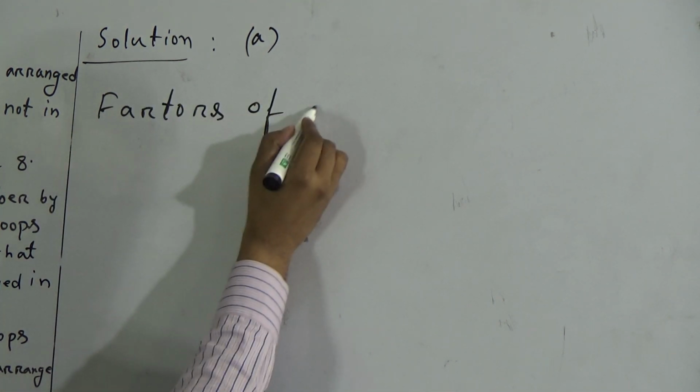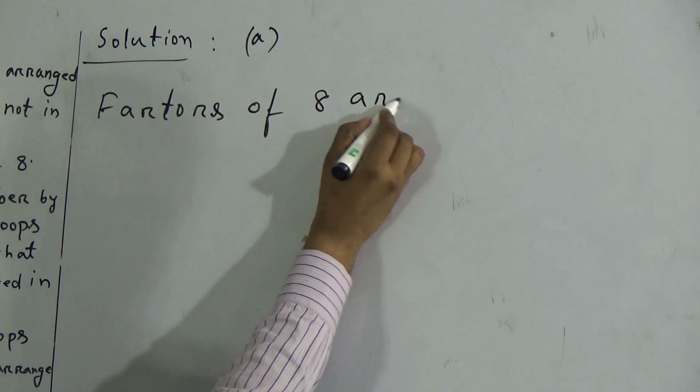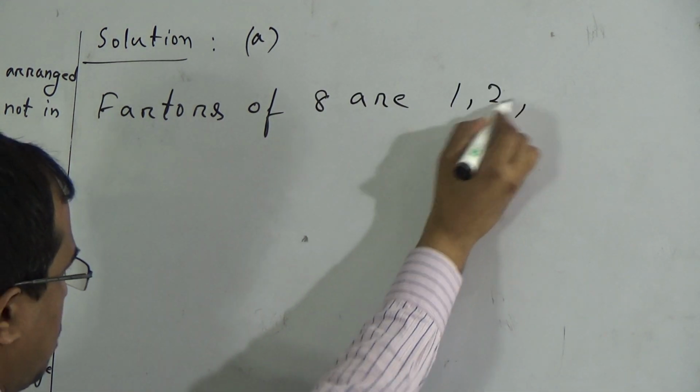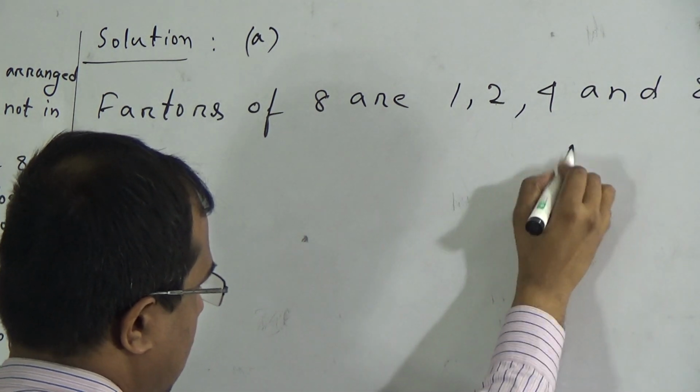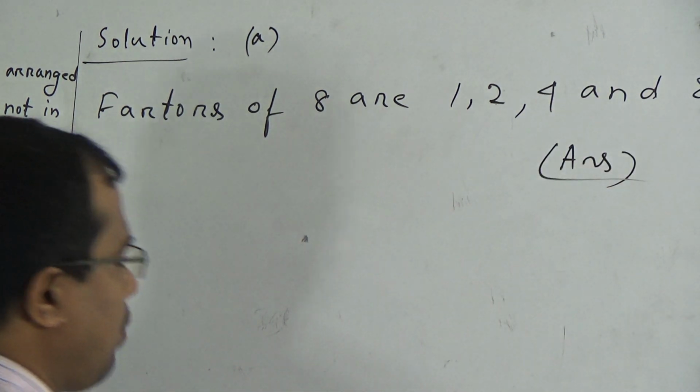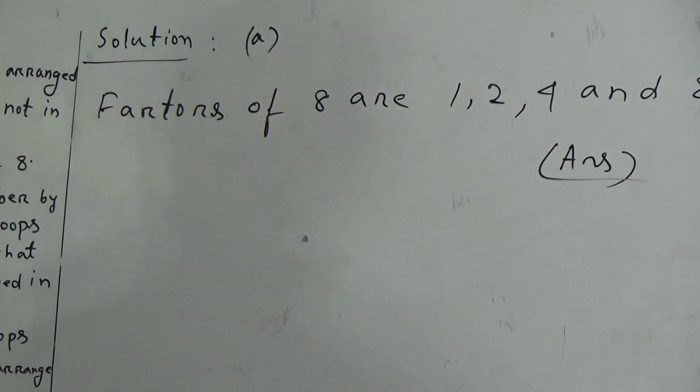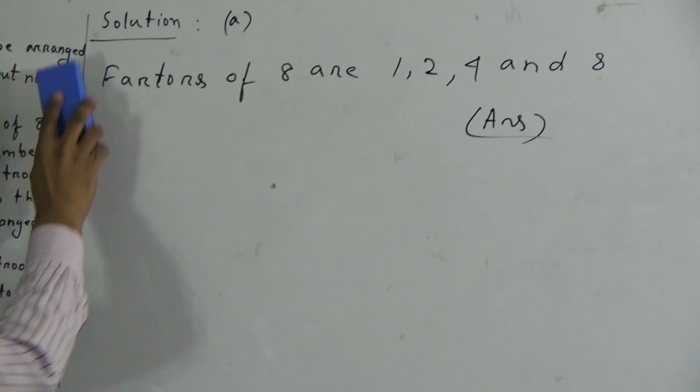Factors of 8 are 1, 2, 4 and 8, and it will be the answer of A number question. Now we will solve B number.